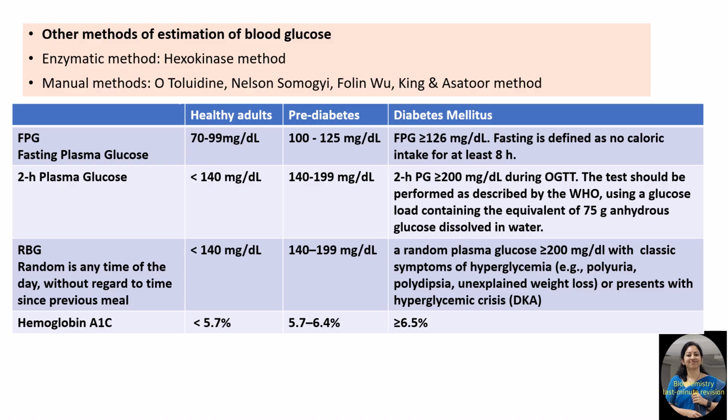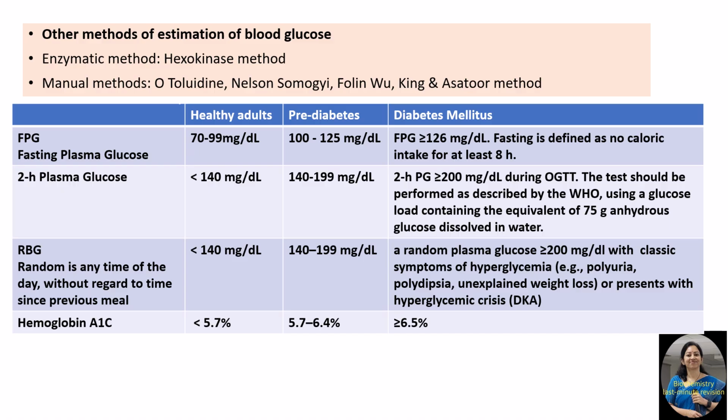Okay, the last component is hemoglobin A1C. Now what is this hemoglobin A1C? Normally, glucose gets attached to the N-terminal end of hemoglobin, and hemoglobin A1C is expressed as a percentage. If it lies below 5.7%, the person is considered healthy.